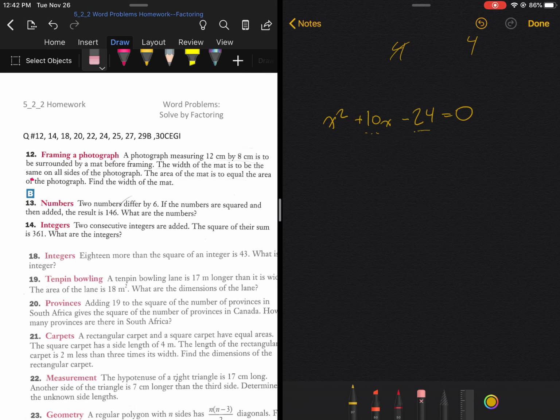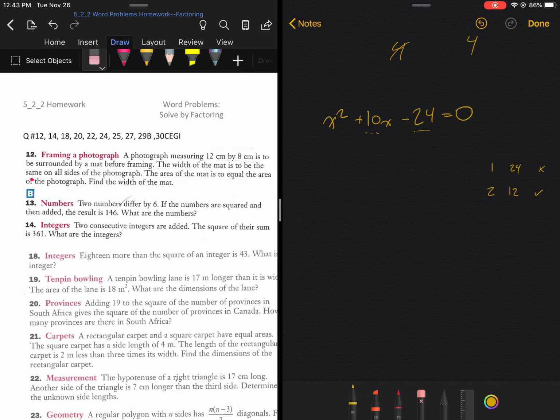So let's find two numbers that multiply to 24 and add up to 10, because we're solving by factoring. So we have 1 and 24. Could I possibly get 10 from that? No. How about 2 and 12? Yeah, I could.